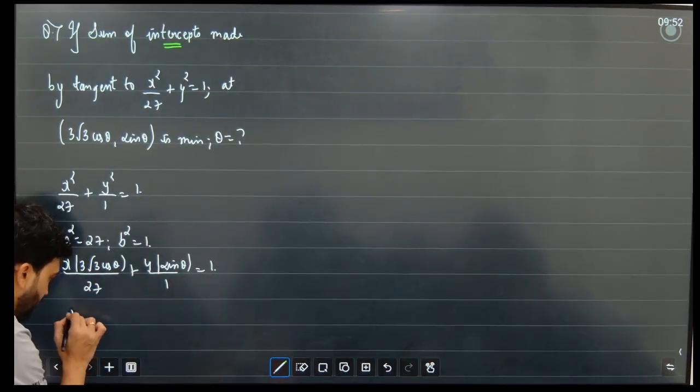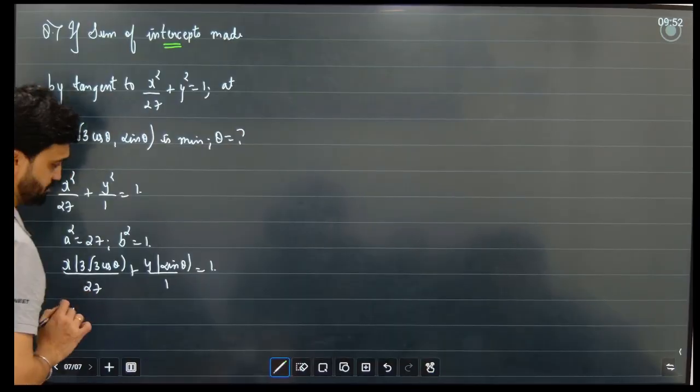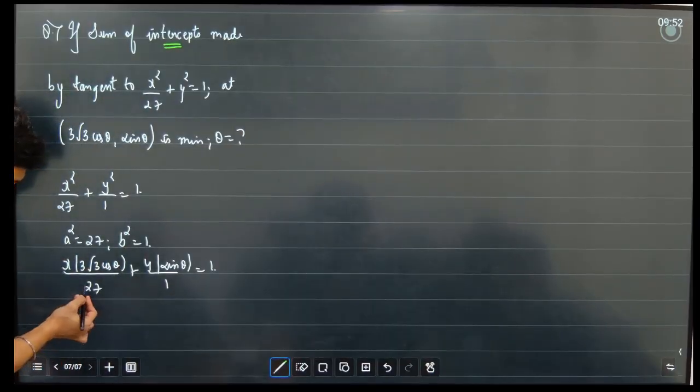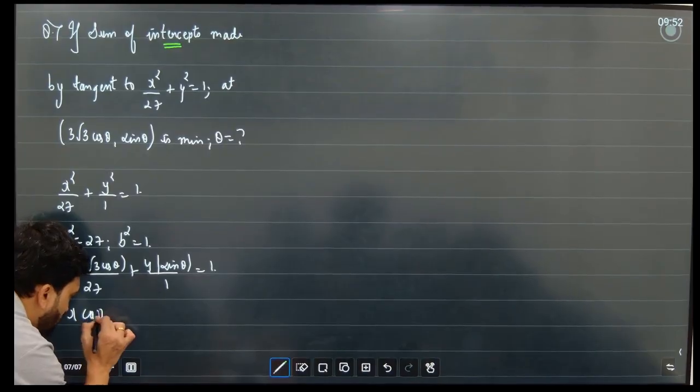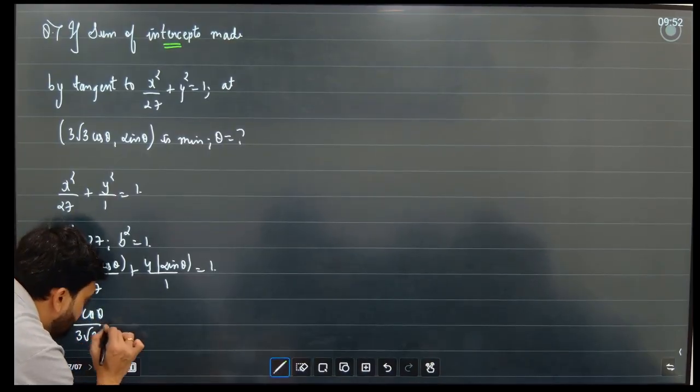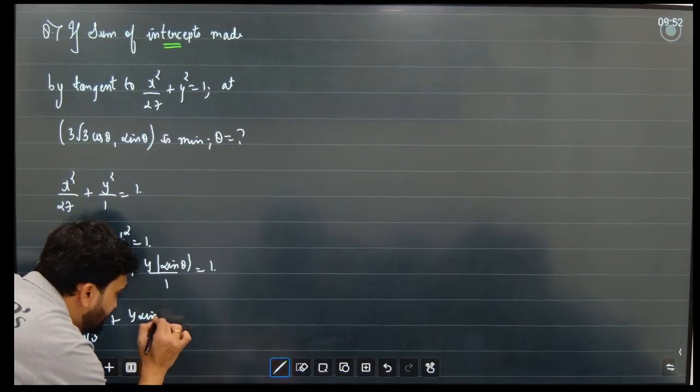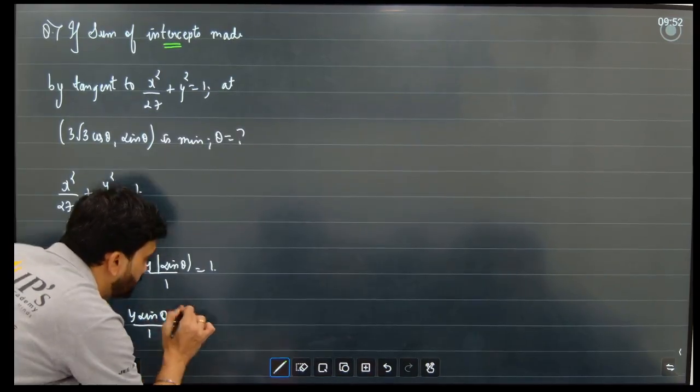Therefore, this will become x. And if I substitute 3 root 3 here, this will become 9 and this will become 3 root 3. So this is x cos theta upon 3 root 3 plus y sin theta upon 1 is equal to 1.